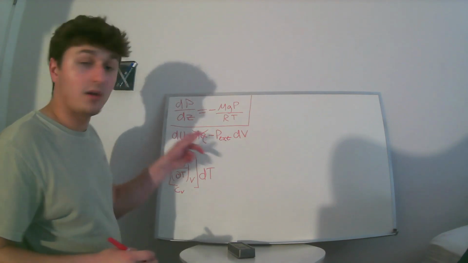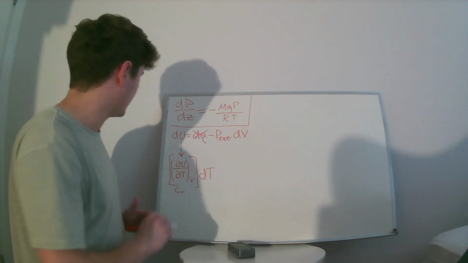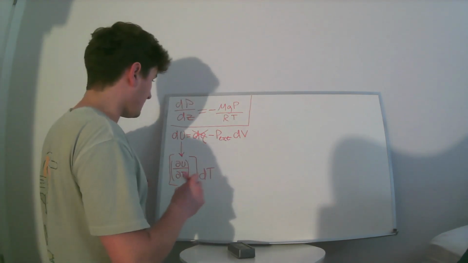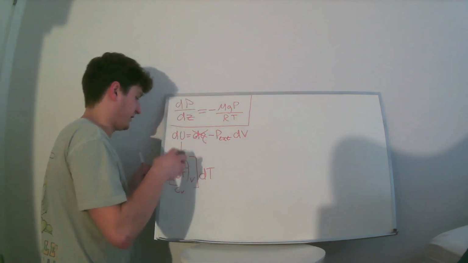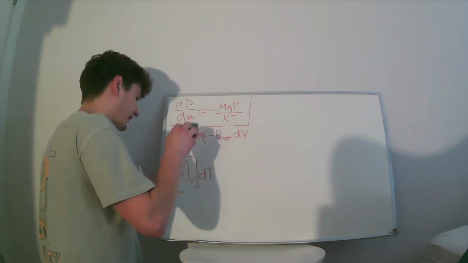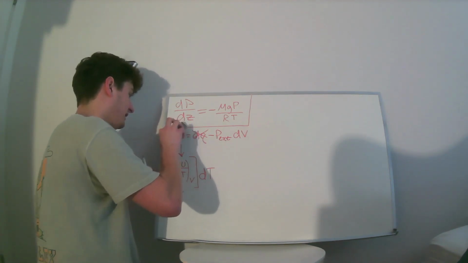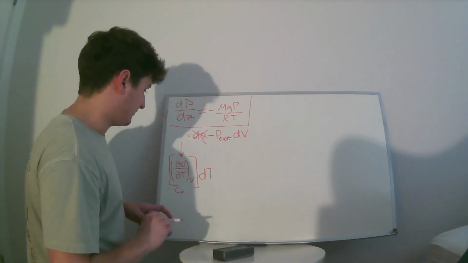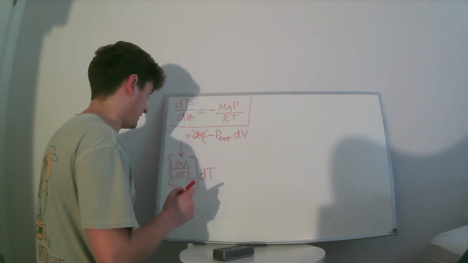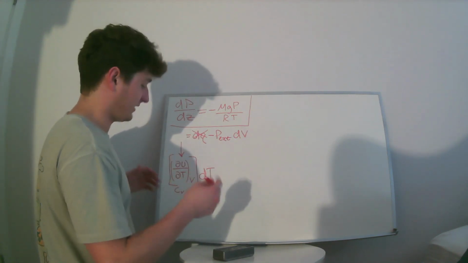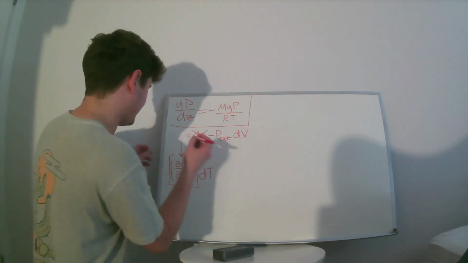So what can we do? We can substitute in, we can rearrange this equation. So I'm just going to fill it in right up here. Our change in internal energy is now going to be equal to this, which is the specific heat with respect to derivative multiplied by the derivative of temperature.